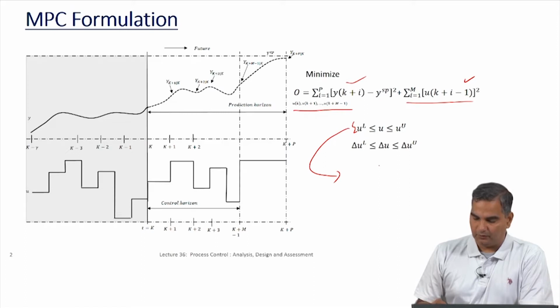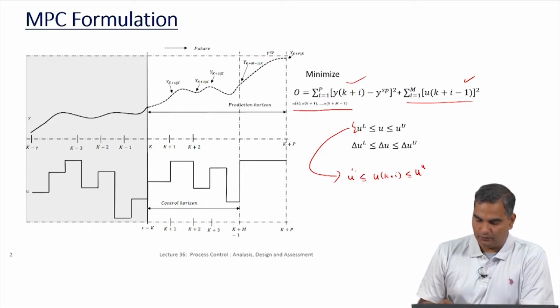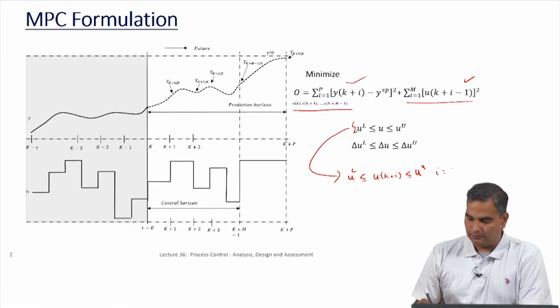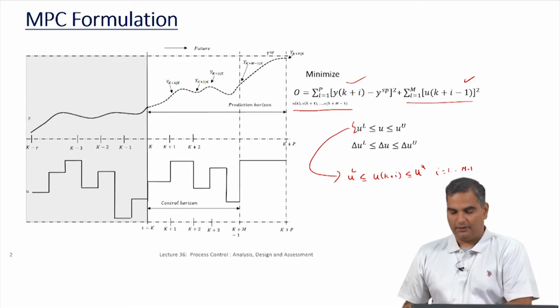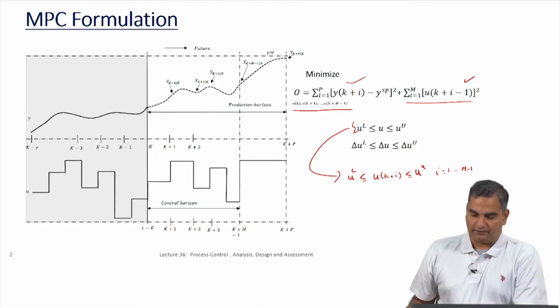I said that this constraint, if you expand it, a way to write this would be to say u lower less than or equal to u of k plus I less than or equal to u upper, where I goes from 0 to m minus 1. So, this is a formal way in which you write these constraints.